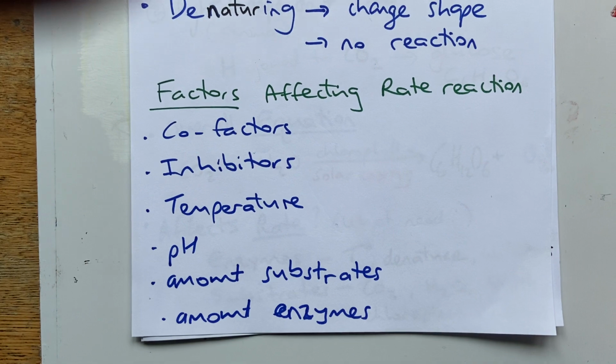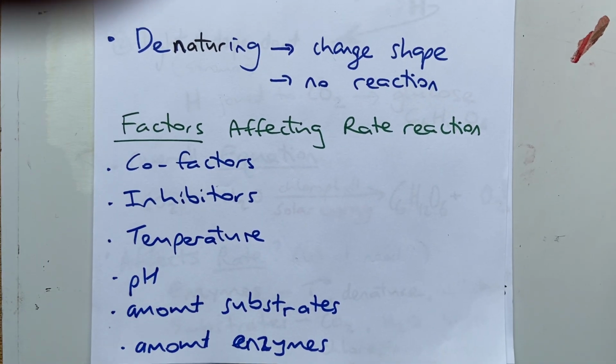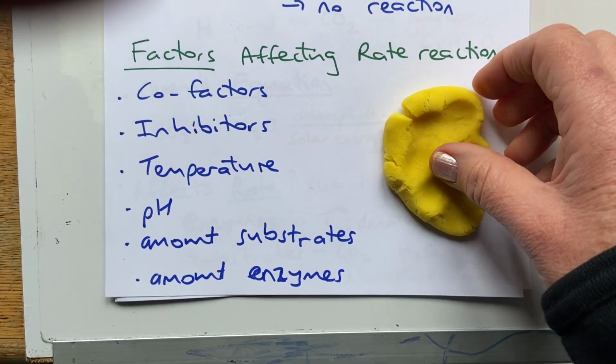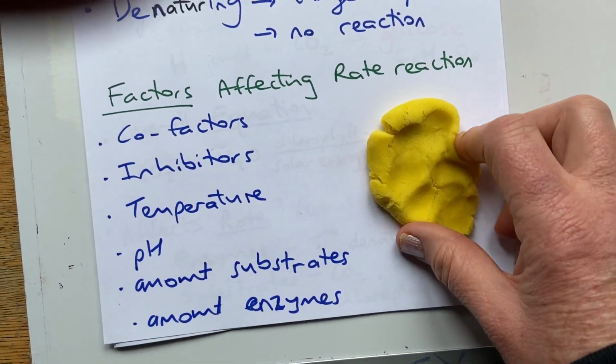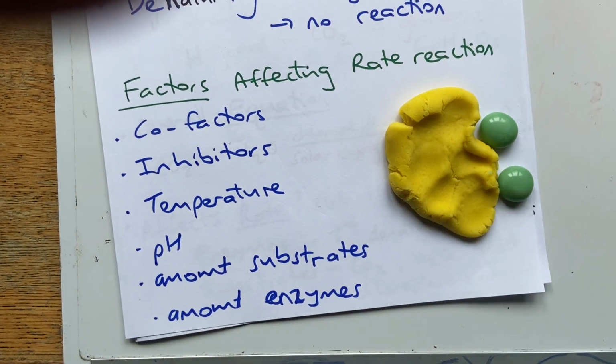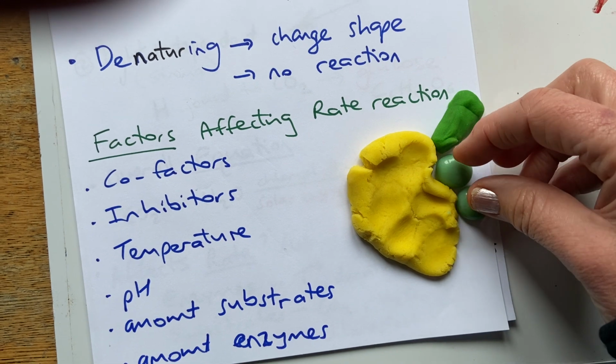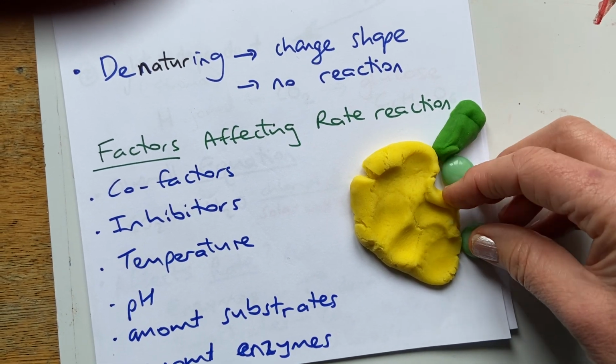Other factors that affect the rate of enzymes working are cofactors and inhibitors. And so a cofactor is something that has to fit into the active site. So a little additional extra thing that fits in there and helps that reaction to happen. Inhibitors are the opposite.